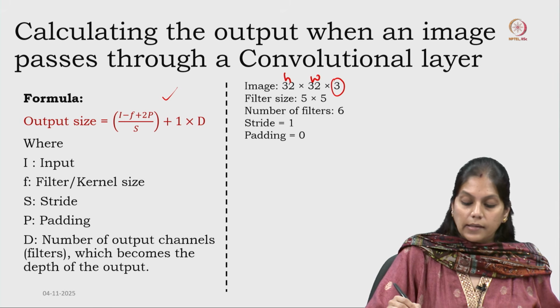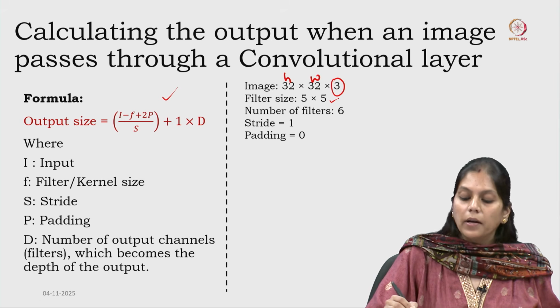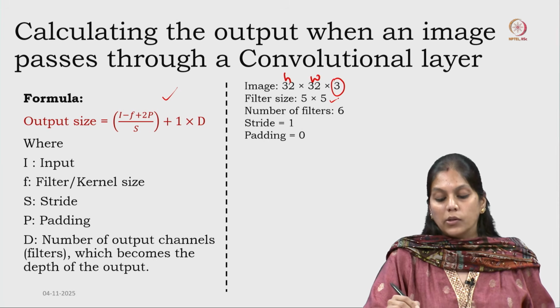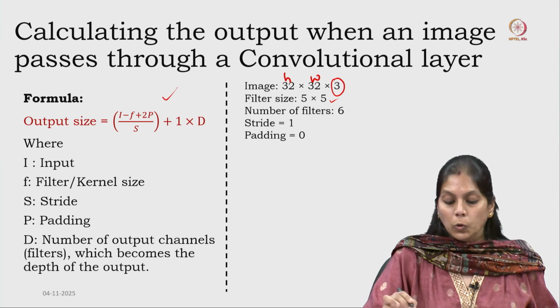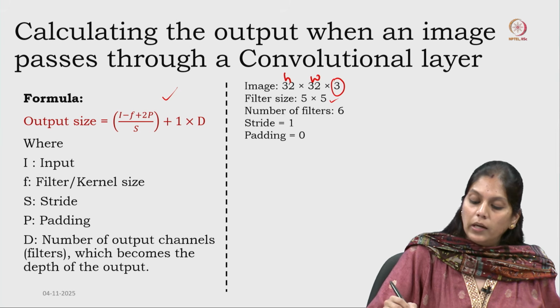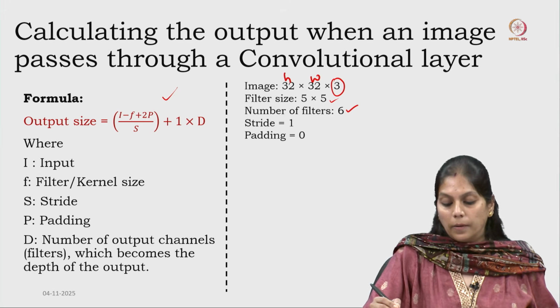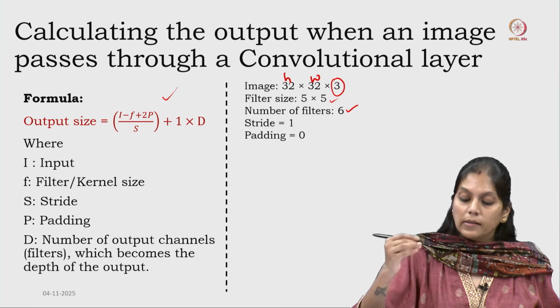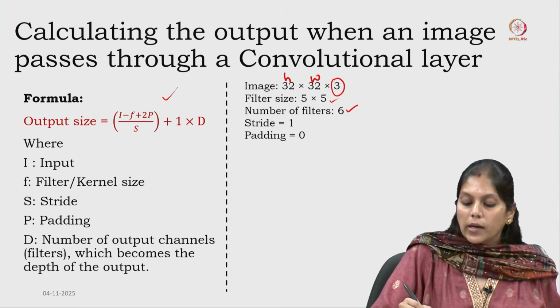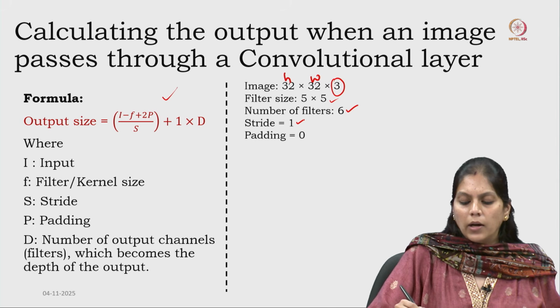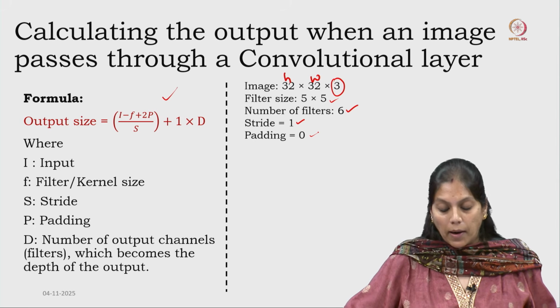The filter size here is 5 by 5, and definitely it will have 3 channels. How many filters are we considering? 6 such filters. The stride is 1 and there is no padding; we are not applying any padding.